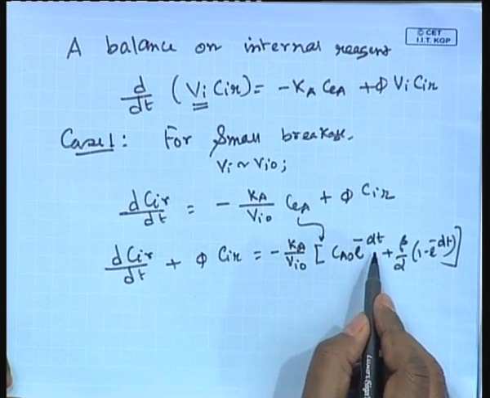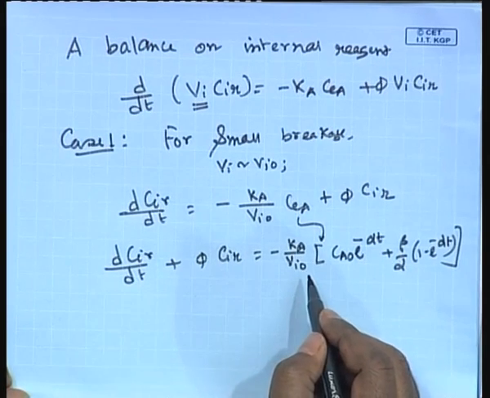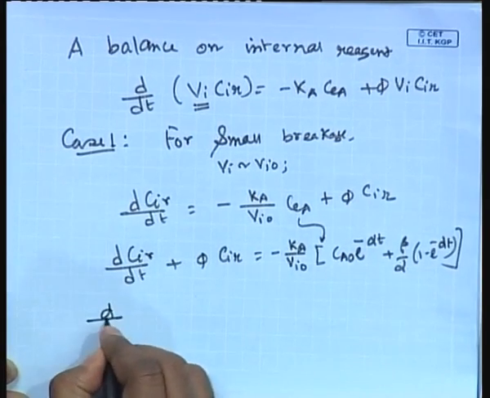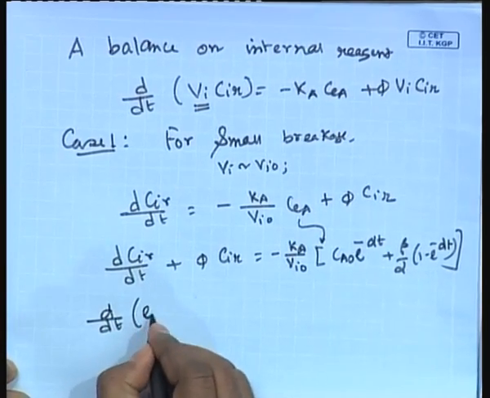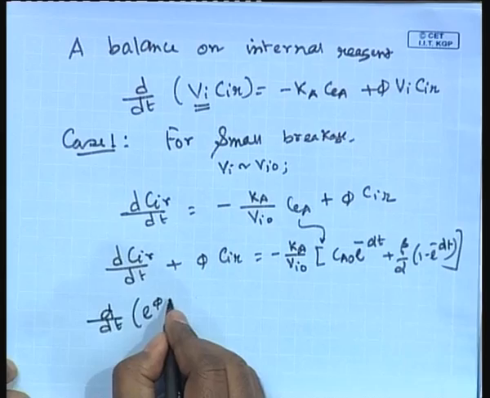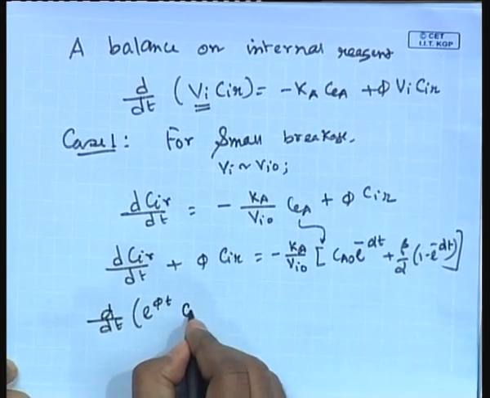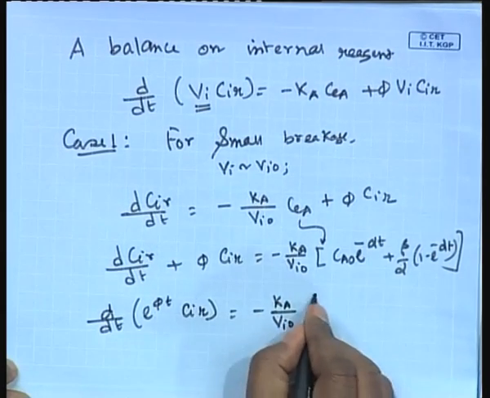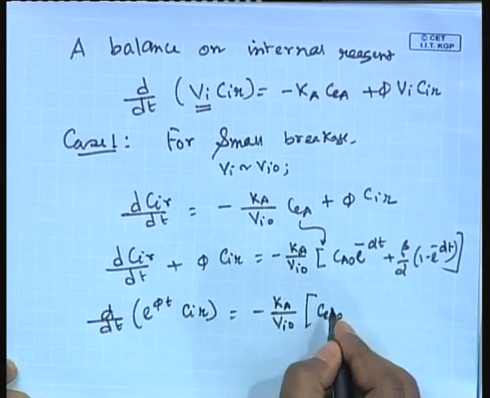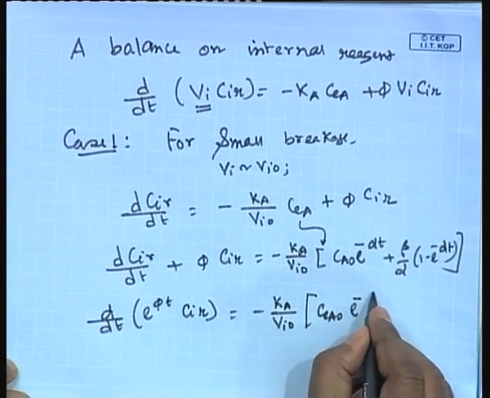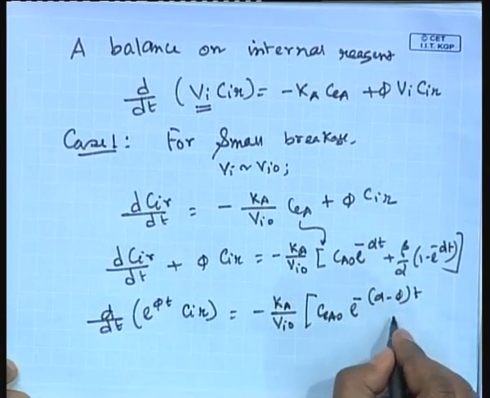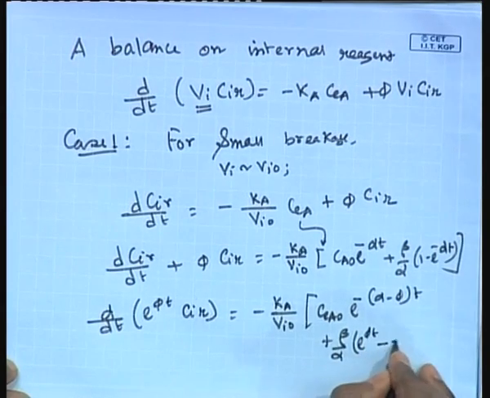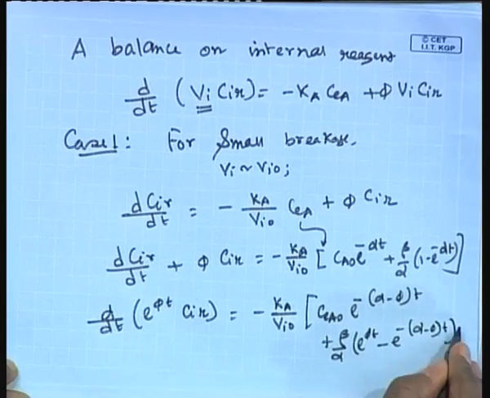We just substitute the solution of C_Ea that we obtained earlier for the case of small breakage. Okay. So, this becomes d/dt of e to the power phi t C_IR is equal to minus k_a divided by V_I0 times C_Ea0 e to the power minus alpha minus phi t plus beta by alpha e to the power phi t minus e to the power minus alpha minus phi t.